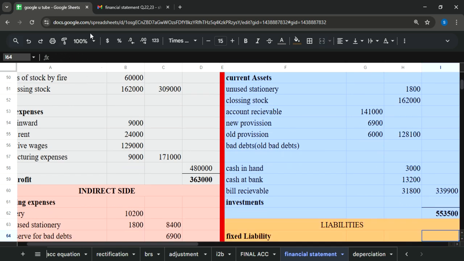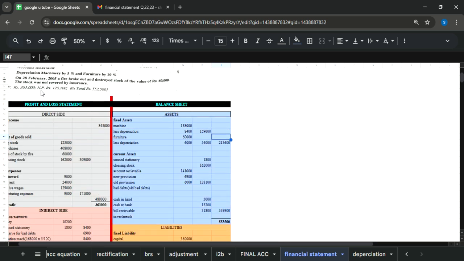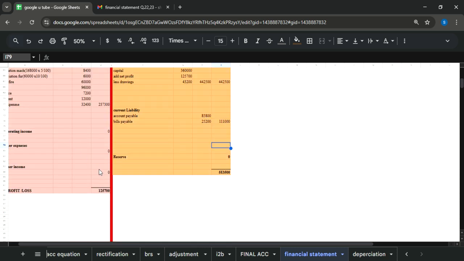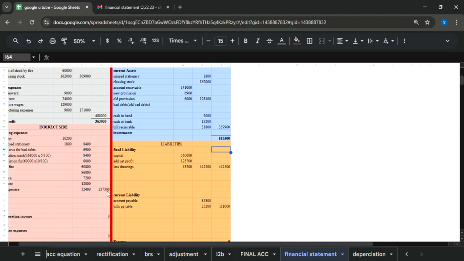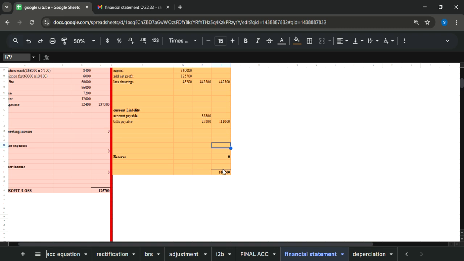So finally all four parts have been solved. There was this direct side, and you can see 363,000, and look here, your gross profit 363,000, and then we have net profit 125700, and here the book answer 125700, and then balance sheet 553 500, 553 500, and here the liability side is also 553 500.